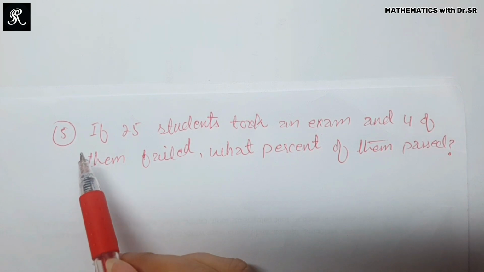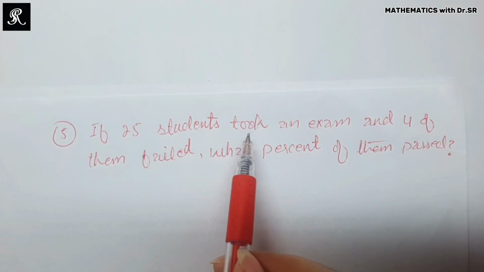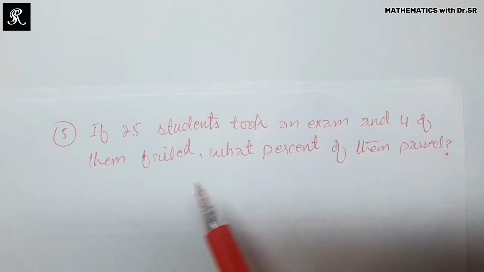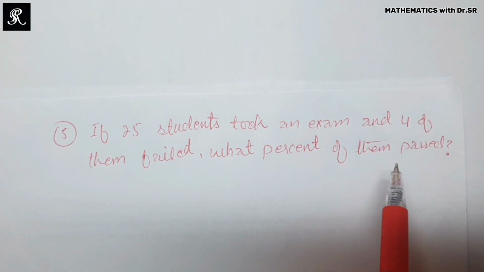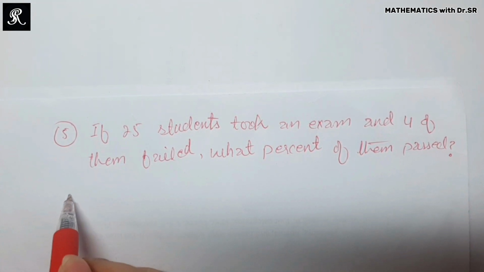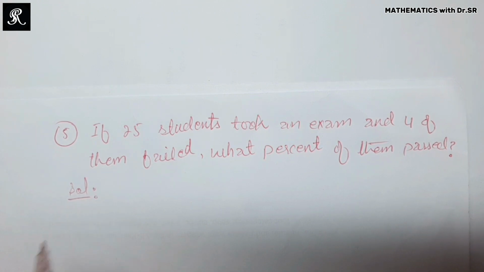Now the fifth question is, if 25 students took an exam and 4 of them failed, what percent of them passed? So how can we solve this?